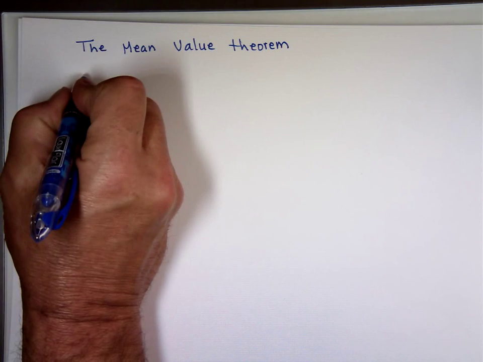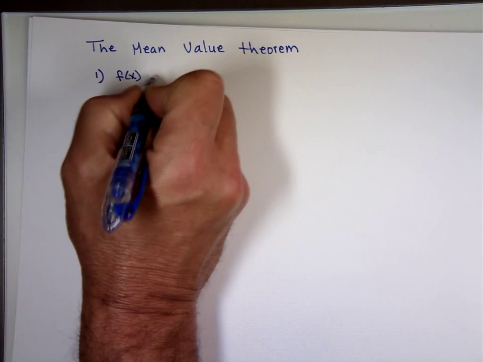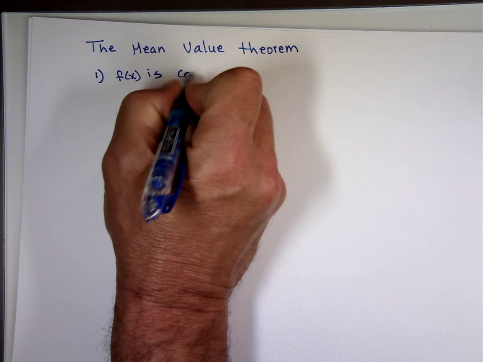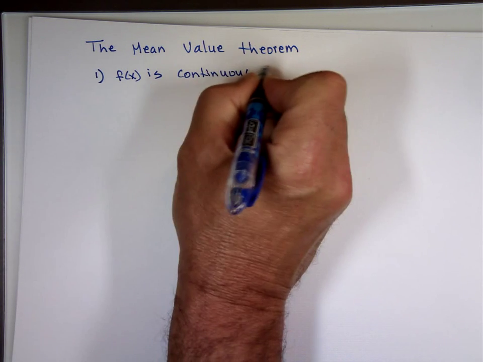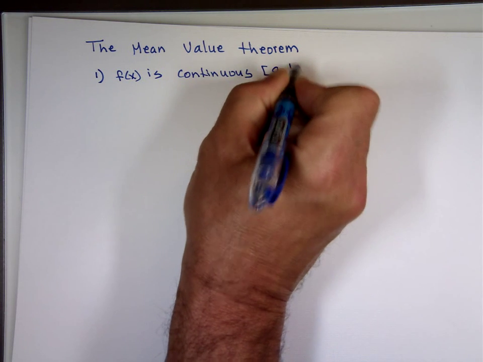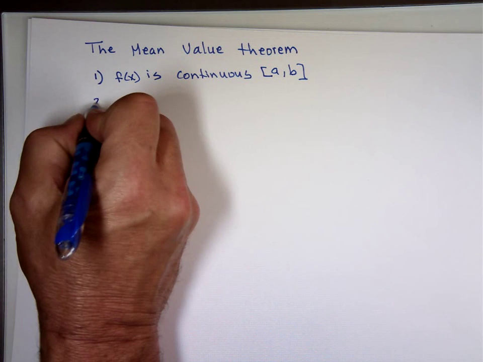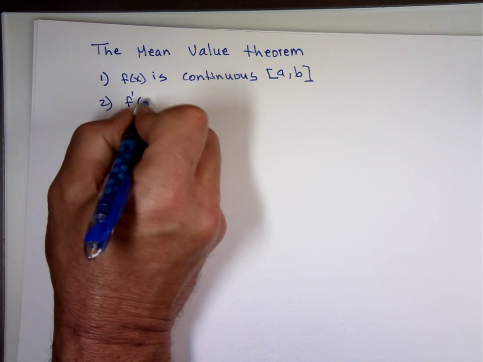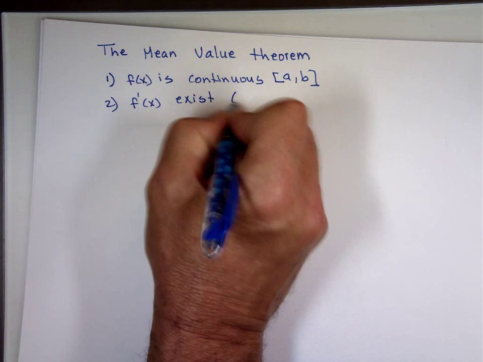Again, the criteria for the mean value theorem: f of x has to be continuous. The function has to be continuous from a to b. The derivative must exist on the open interval from a to b.